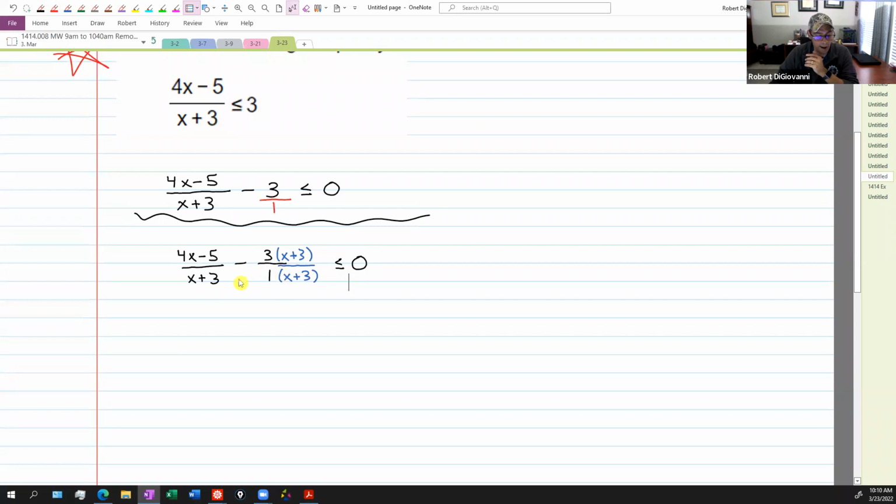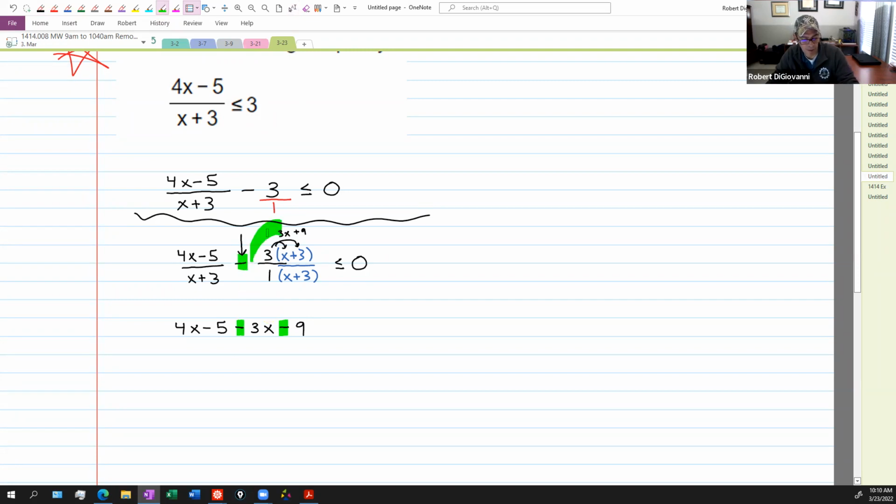So now we can put these two together. When I put those two together, I'll get the 4x minus 5. Now, when I distribute through here, I get 3x plus 9, right? But we are subtracting this fraction, which means we need to subtract the 3x and subtract the 9. Look, they both got minuses.